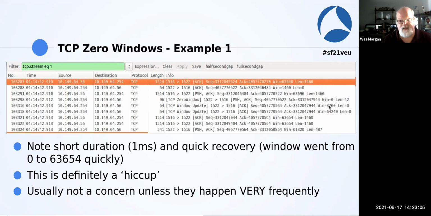The window went from 0 to 3K, 3,760 bytes. And within that same millisecond, it went all the way up to 64K. So we have a very short duration, only 1 millisecond, and we have a quick and almost full recovery because the window went from 0 to 64K very quickly.